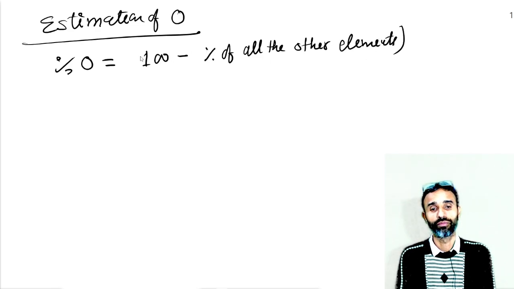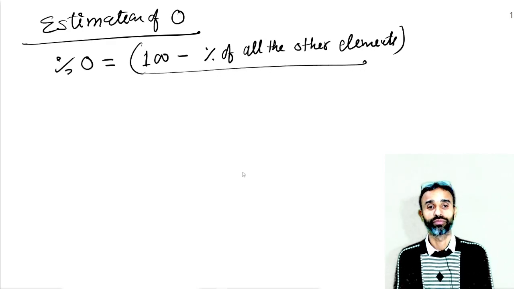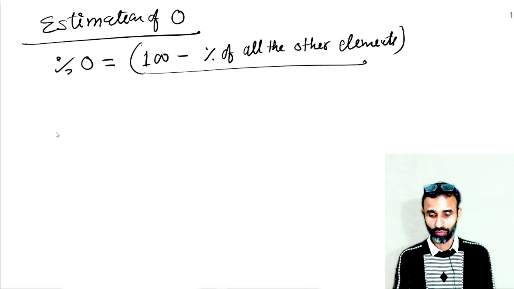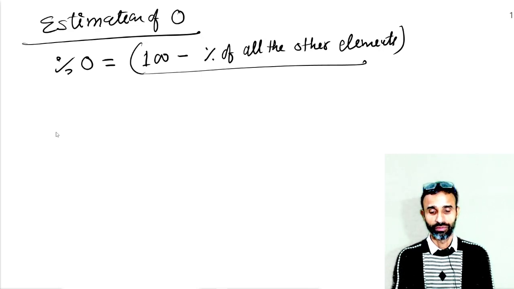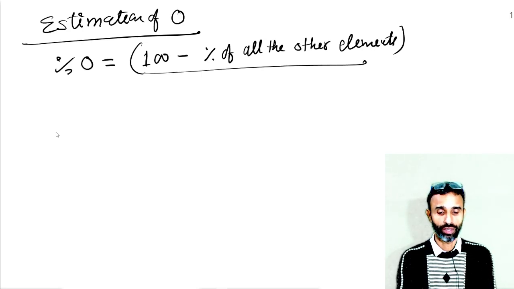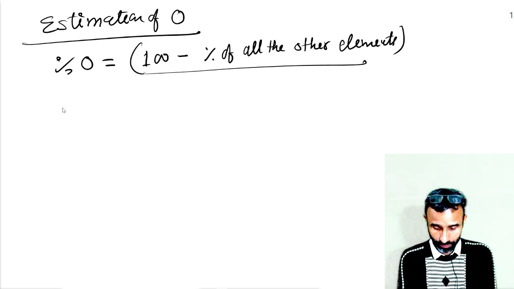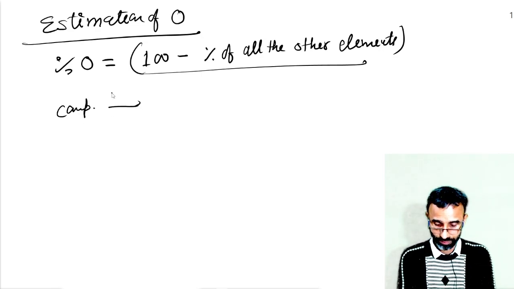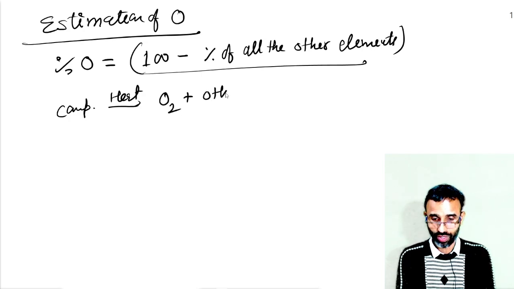Or if you want to calculate it directly, then what we do, first we have compound, we heat it, so it gives O2 along with other gaseous products.